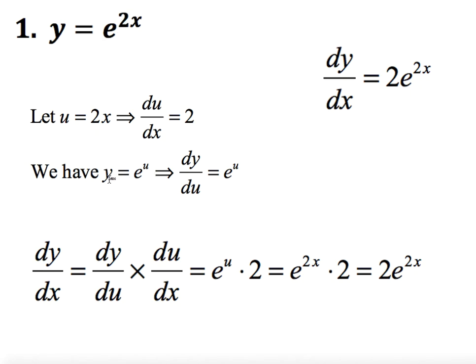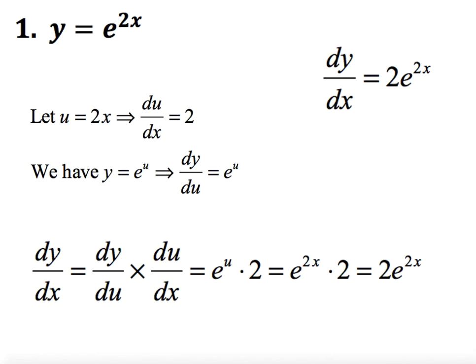And then, of course, you can differentiate y with respect to u and simply get e to the u. And if you put these pieces together, because we're after dy dx, well, you chain once again through du. And so the dy du piece, which is just e to the u, times the du dx piece, which is 2, accounts for the fact that the chain rule kicks in.